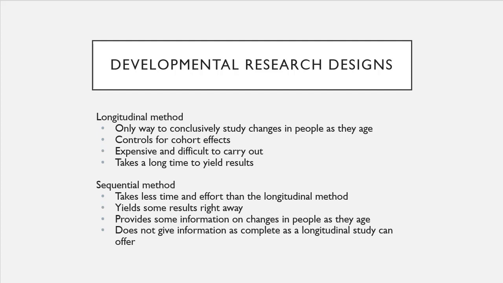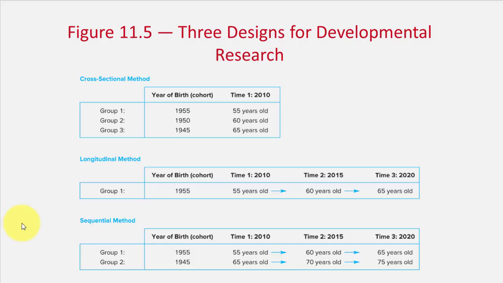The sequential method takes less time and effort than a longitudinal study, but still more than a cross-section. It yields some results right away. So if we have a longitudinal study, and I'll go back to the slide on that, where we are looking at two groups of people and we want to know what their experiences are like over 10 years, during the first time that we take data, we already have two data points for 55-year-olds and 65-year-olds. So we can get some data relatively quickly.